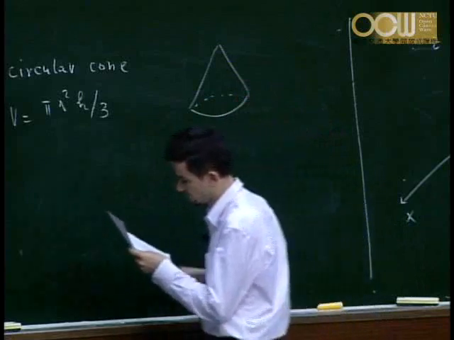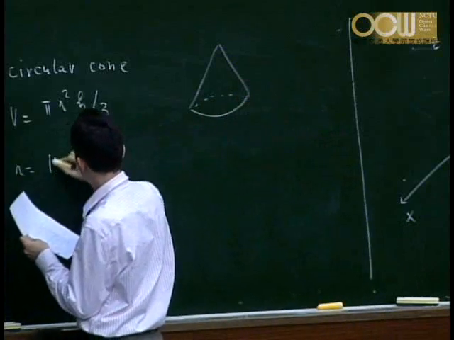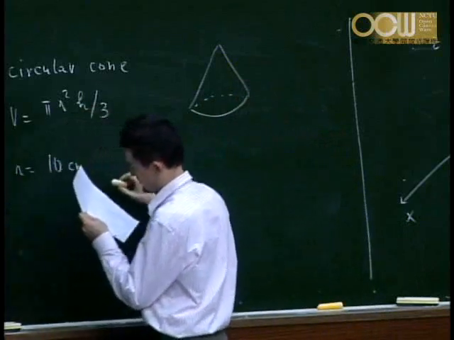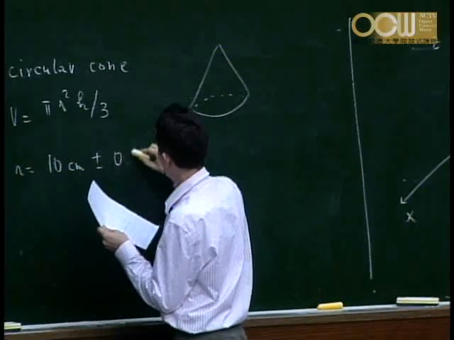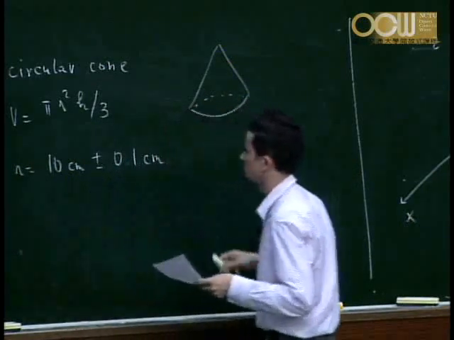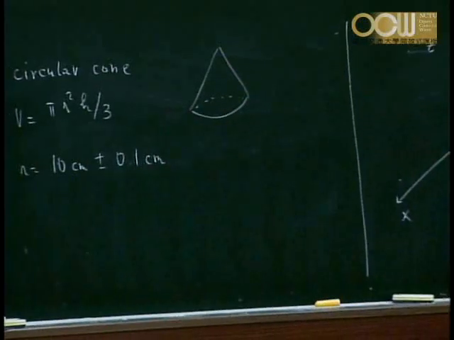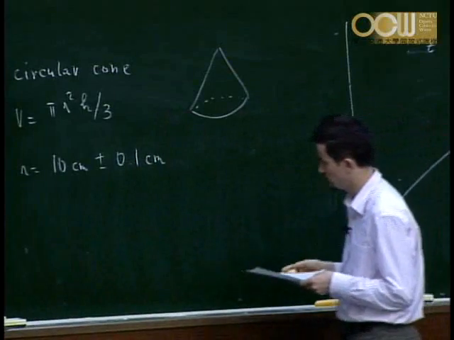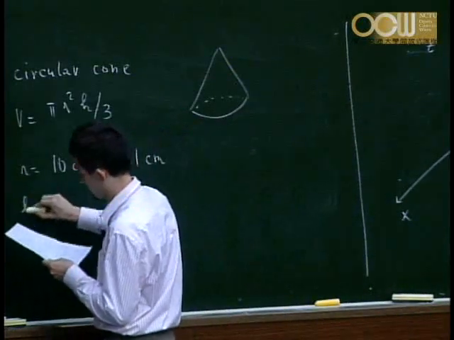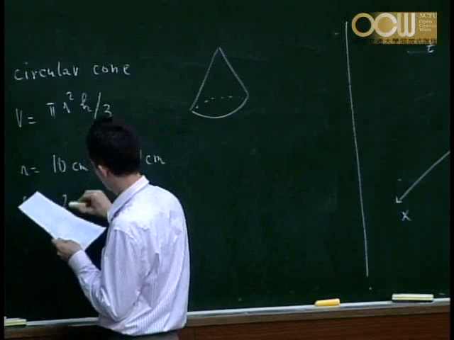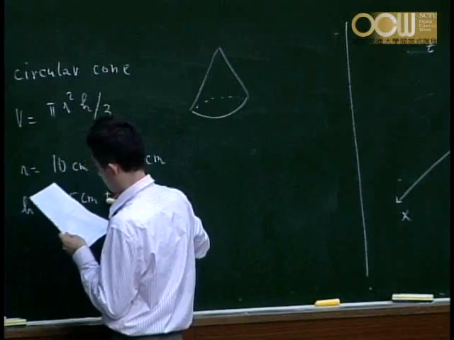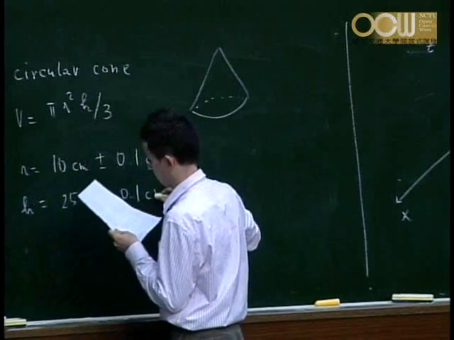Let's assume that for the radius we have 10 centimeters, with an error in measuring: the absolute error is plus minus 0.1. And for the height, the same: 25 centimeters plus minus 0.1 centimeter.